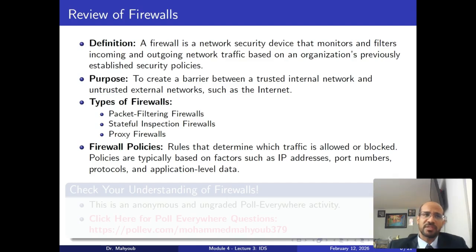And we have different types of firewalls, and there are policies or rules. And that was about the firewalls. Do you have any questions remaining on the firewall content we discussed last lecture? Any concern? Any problem?